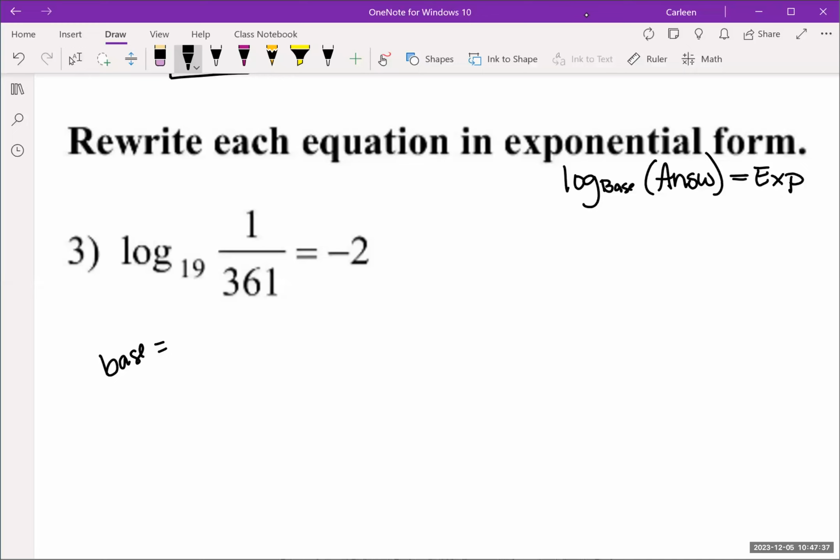The base is, oh no, but thanks for trying. This little guy right there. Okay, so the base is 19. What is the exponent? Give it a guess.